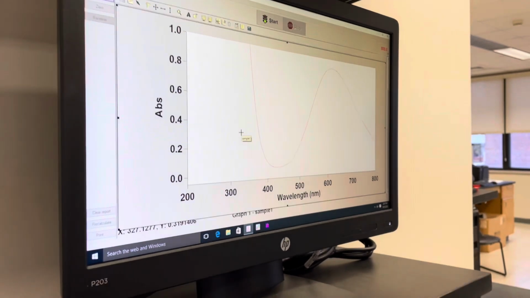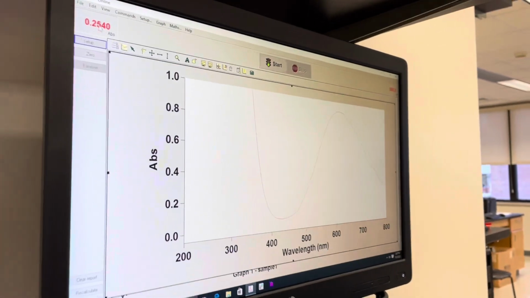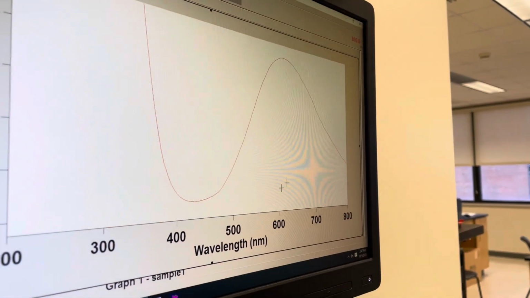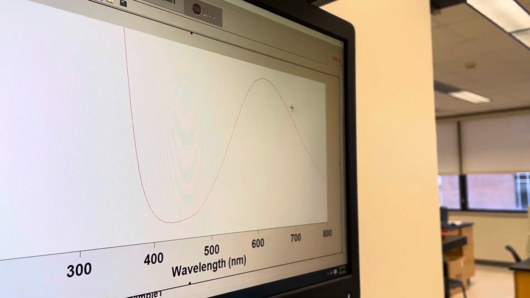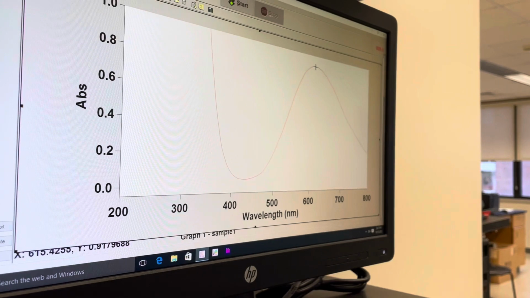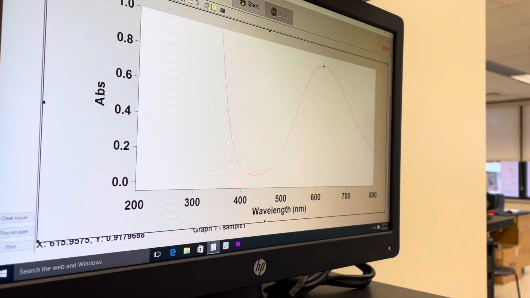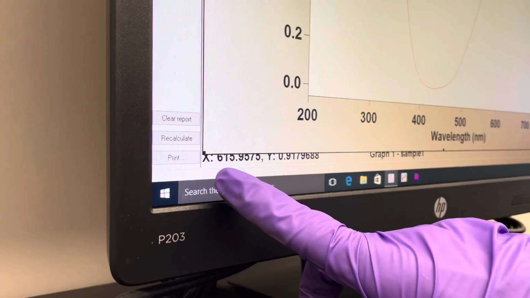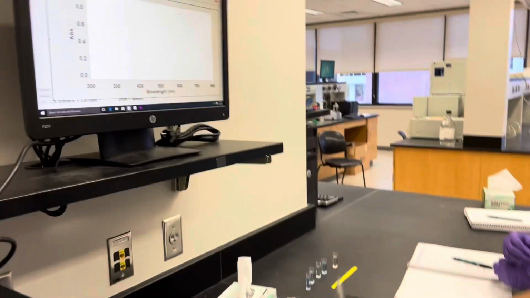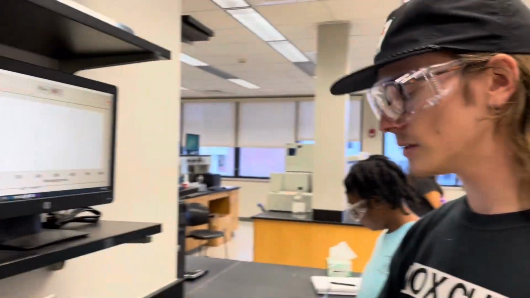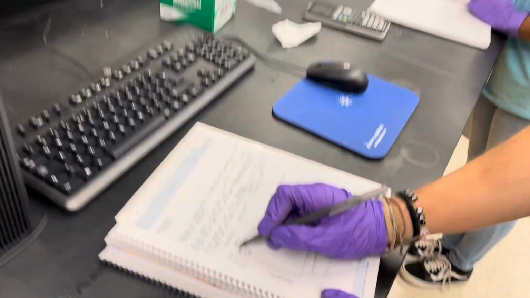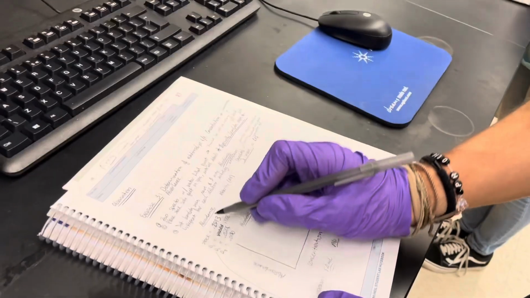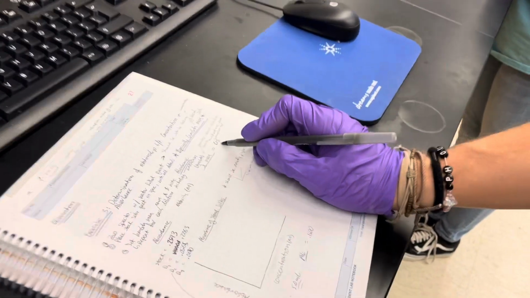And as we can see here, we have a 0.254 ABS, and we have a lambda max, which is going to be the highest point on this curve that we can see, about 615 at its highest point, which you will notice down right here, where it is labeled on your x-axis. You're going to place those numbers down into your journal. So we have our absorbance of our stock solution, which again we got from the top left of the screen, and we have our lambda max labeled at 615.